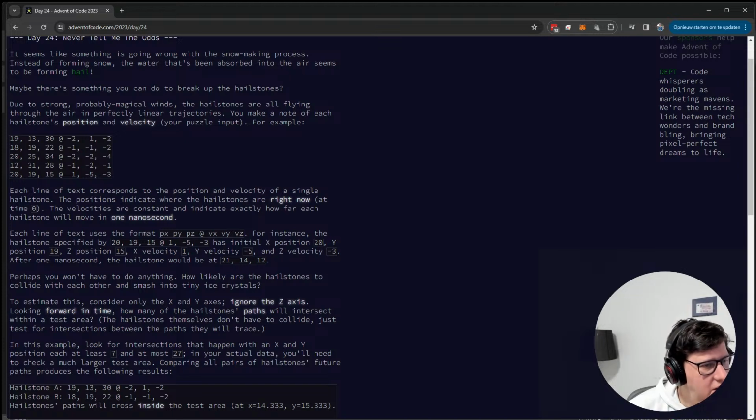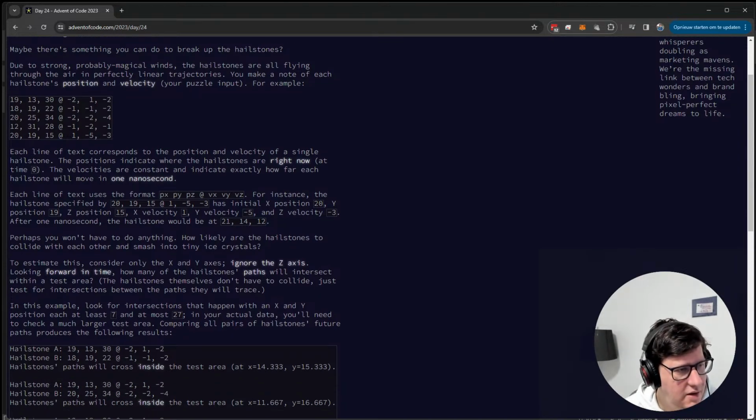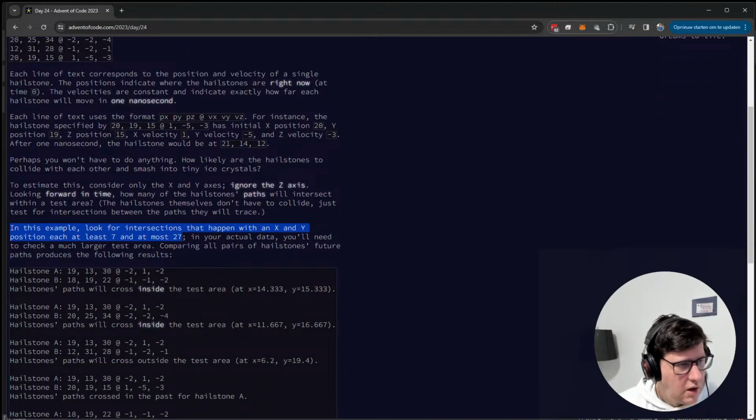The hailstones themselves don't have to collide, just test for intersections between paths they will trace. In this example, look for the intersections that happen with each x and y position at least 7 and at most 27. In your actual data, you'll need to check a much larger test area. Comparing all pairs of hailstones, future paths produces the following results.